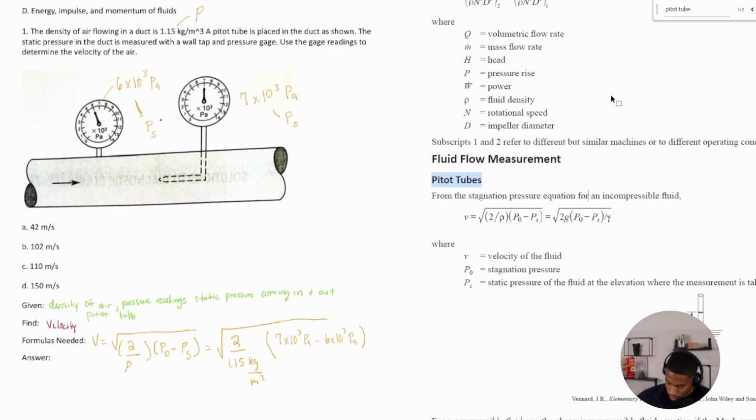Okay. So we have to note that our units don't match.